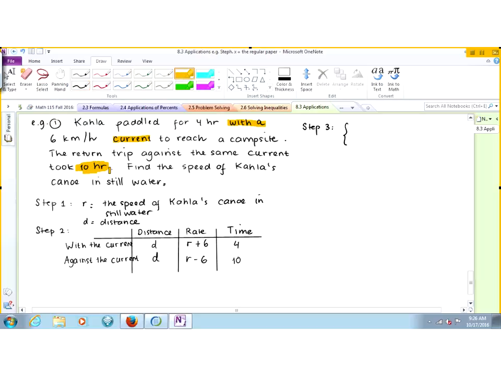The return trip takes 10 hours. This is 4 hours. Why is this plus 6? Because it goes with the current. Why is this minus 6? Against the current. And the current is 6 kilometers per hour. Now, tell me what the equation is.